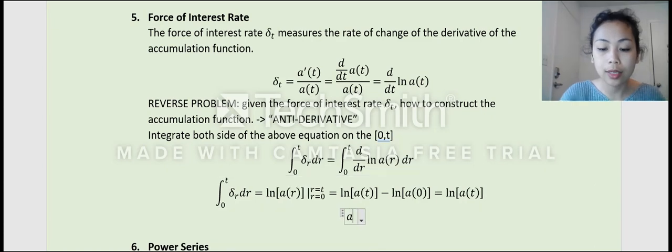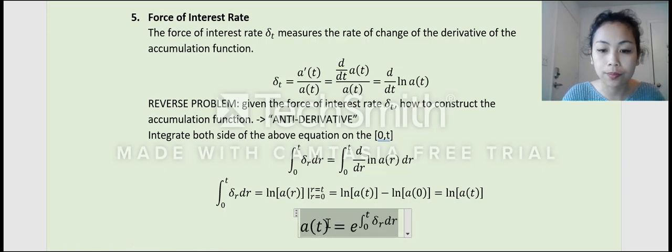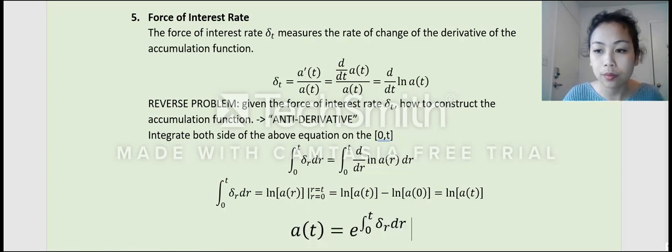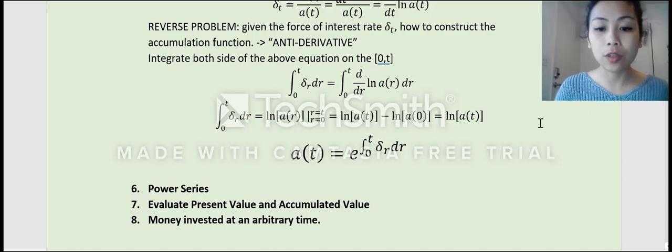So we have a of t is e to the integral from 0 to t of delta r dr. So this is the formula for finding the accumulation function given the force of interest rate. Okay, so that is about force of interest rates.